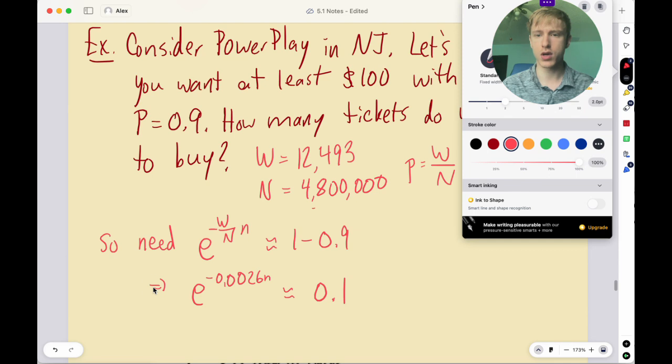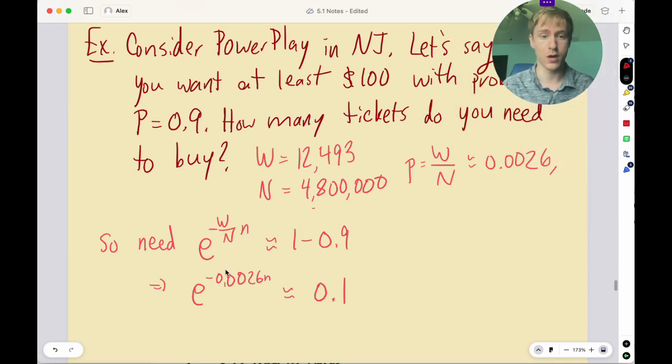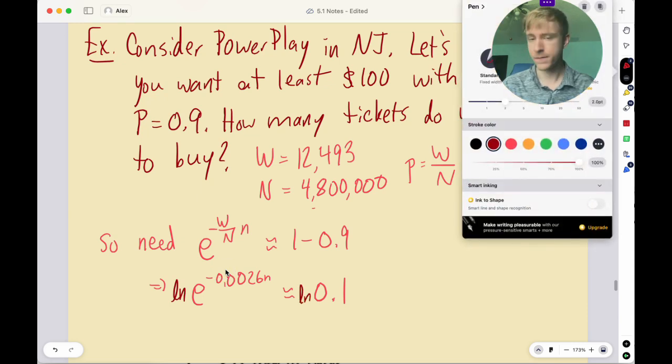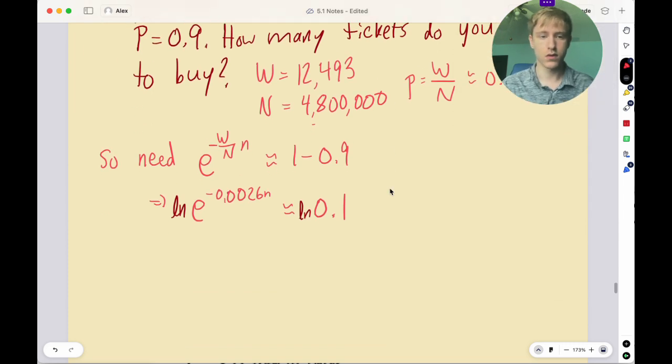How are we going to solve an equation like this? Do my favorite thing and hit it with a log on both sides. Just take a natural log. Okay, and then what do we get? We get that minus 0.0026n needs to be approximately the natural log of 0.1, and then just divide both sides by this negative 0.0026.